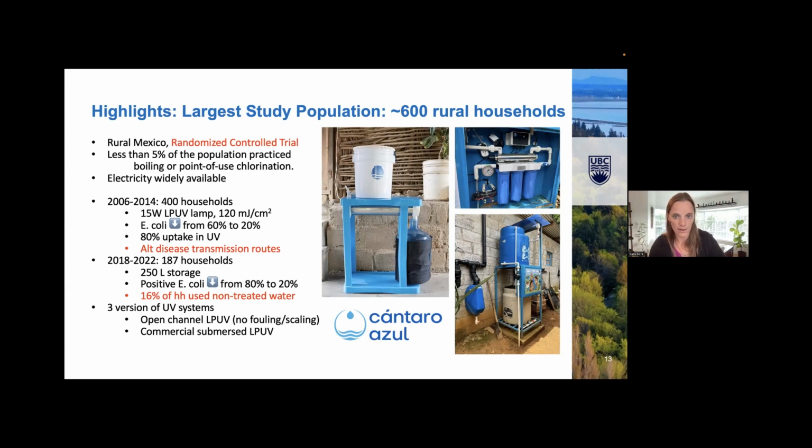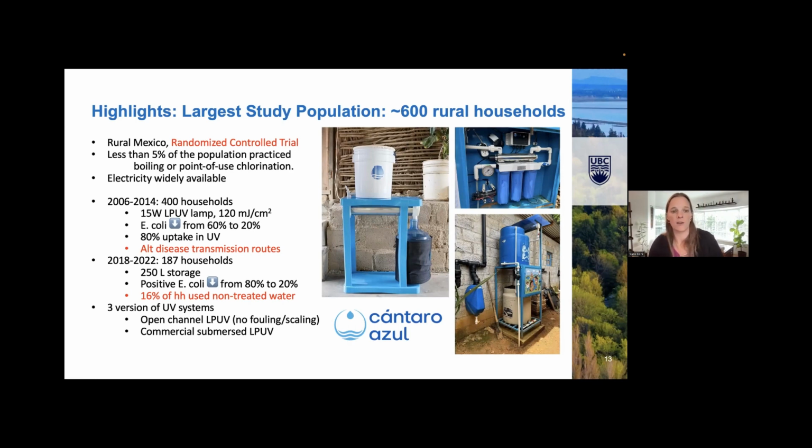So they started with this Mesita Azul, which is the picture on the left, and had this in about 400 households from 2006 to 2014. And they were measuring, again, water through a low pressure UV lamp and measuring E. coli and how much that decreased when people were using this system. Basically they did see an E. coli decrease from 60% down to 20%.